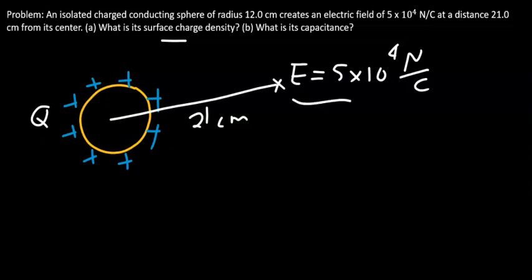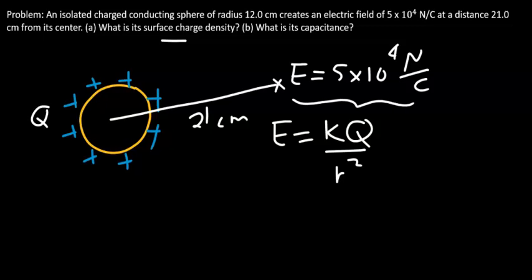The field at that distance is given by the following equation: E equals K Q over distance squared. So E is 5 times 10 to the power 4.